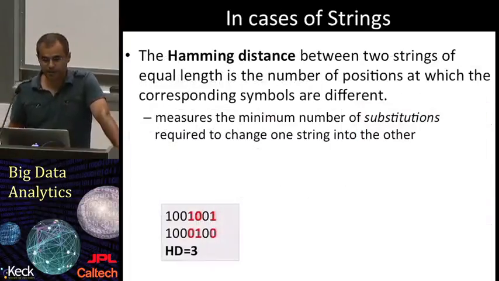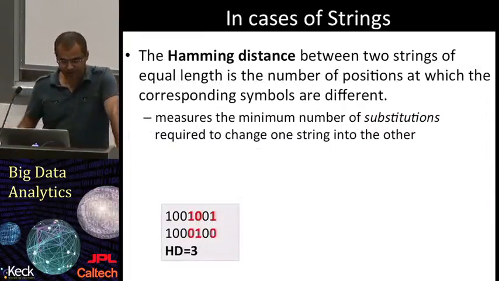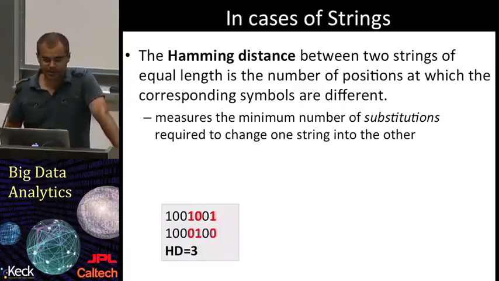Now, what if we have to deal with strings? Also in the case of strings, we can apply ad hoc distances. For example, the Hamming distance or the edit distance.